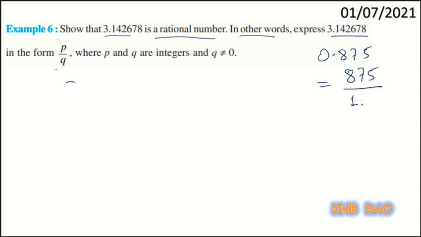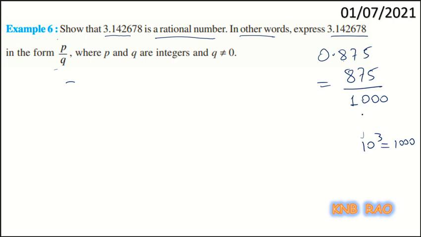So I have to raise 10 to the power 3, that means it gives me 1000. Writing this way is called the vulgar form of terminating decimal numbers. So it is easy to write terminating decimal numbers in this vulgar form.